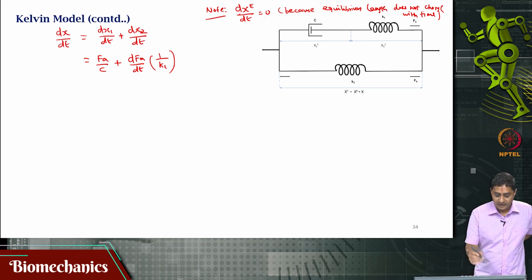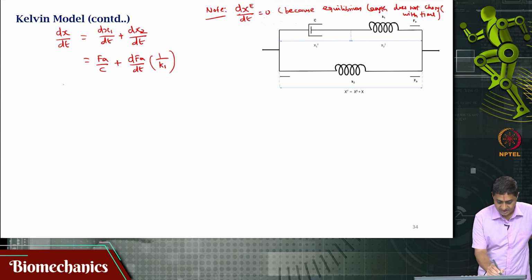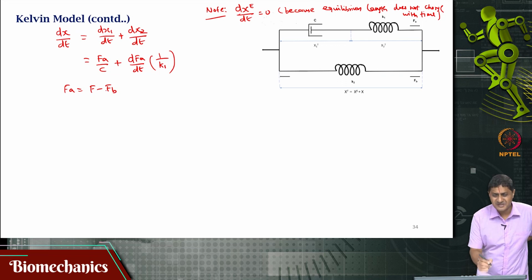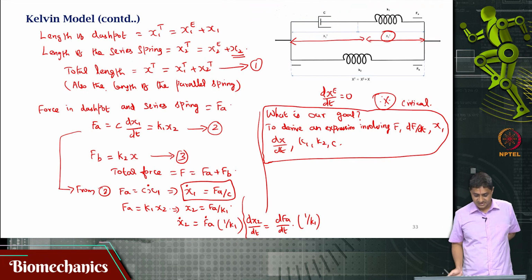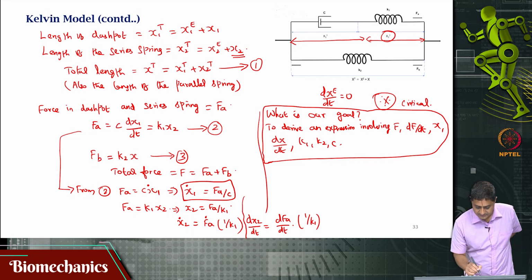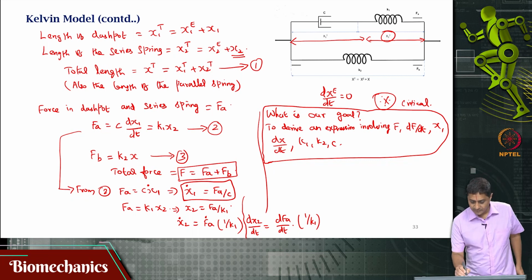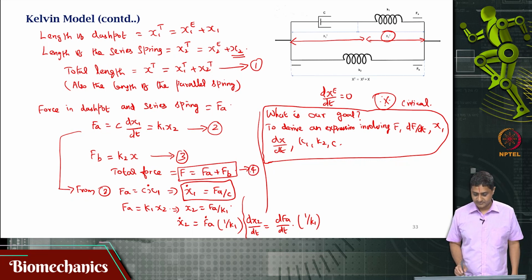Well, I know that. That is, Fa is F minus Fb. How am I saying this? Well, that is here, is it not? That is here. I am going to call this equation 4. Okay.